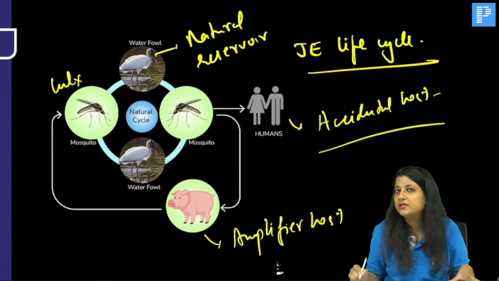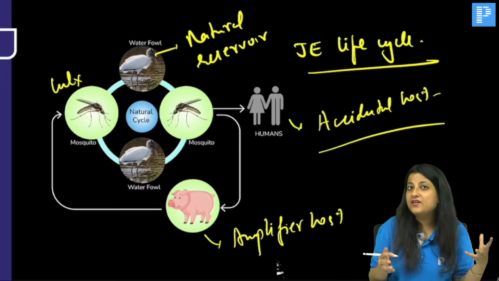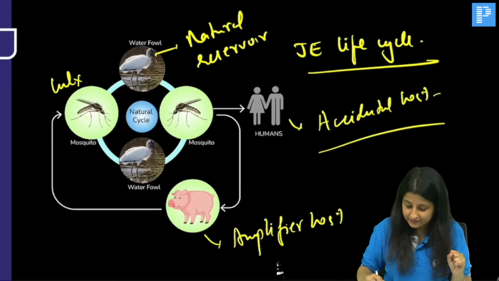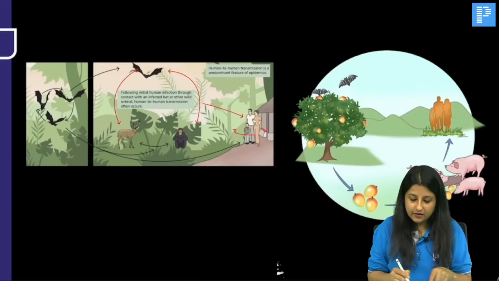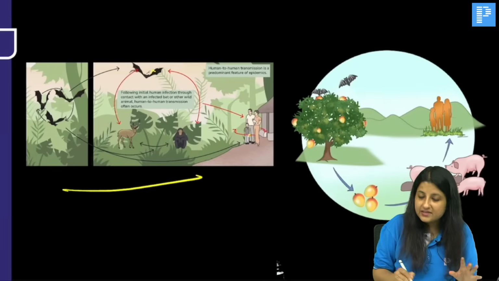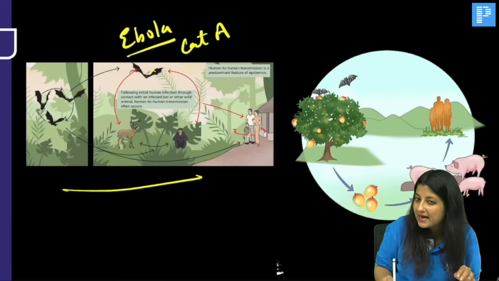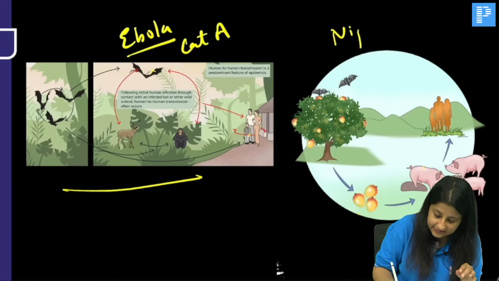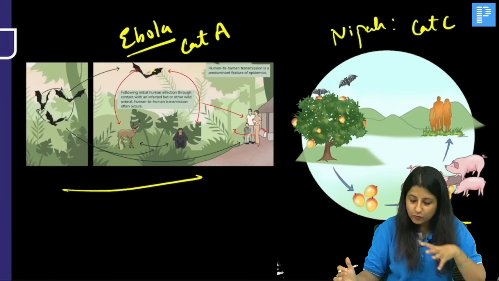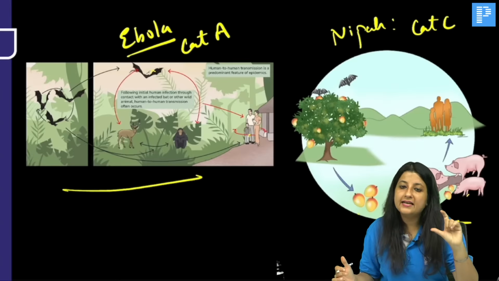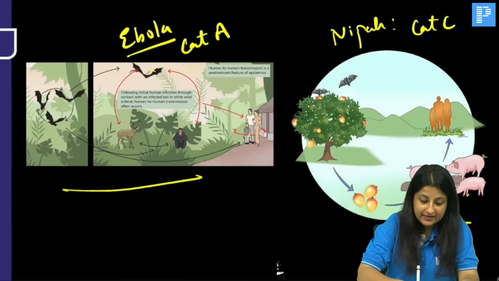No human to human transmission. Buffaloes and cattle are mosquito attractants. This one over here, bat, humans, chimpanzee, this one is Ebola, bioterrorism category A. This one, fruit bats and pigs, this is Nipah, bioterrorism category C. Don't get confused in the exam. In Nipah you will see fruit bats, everyone.